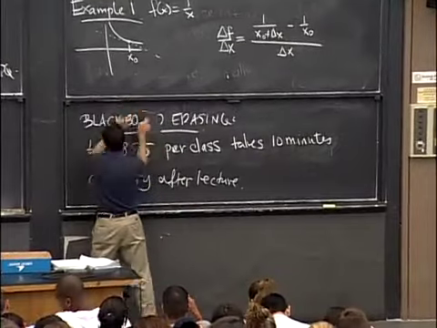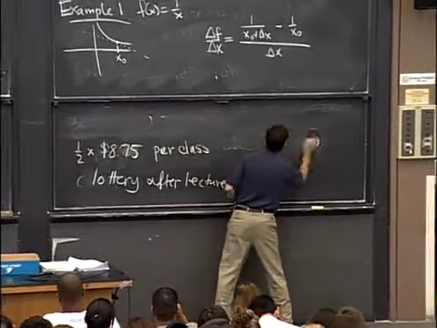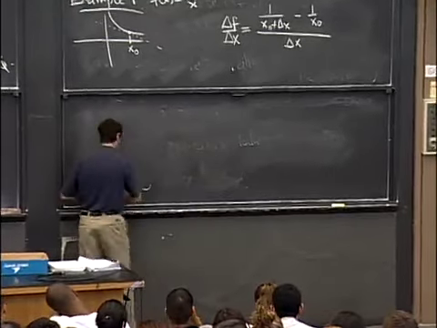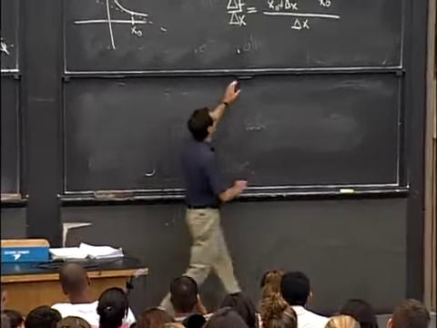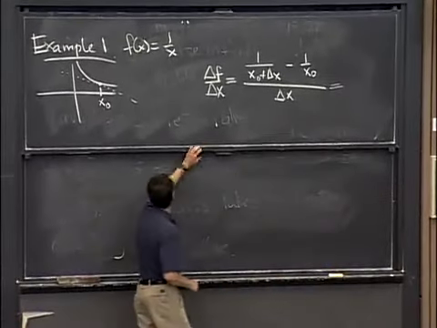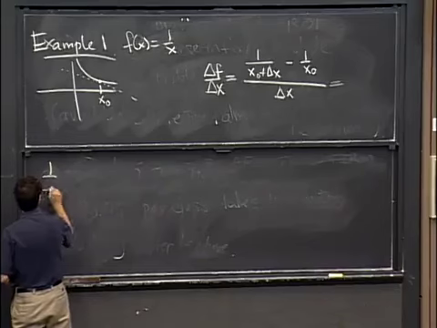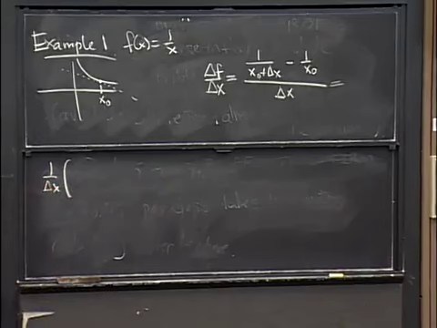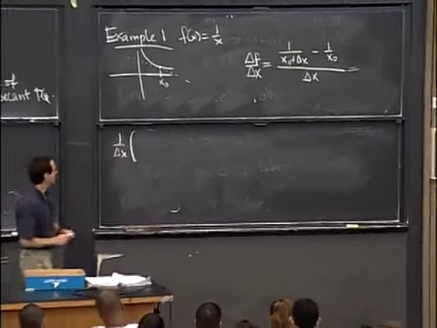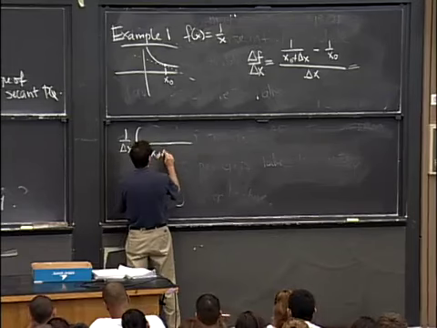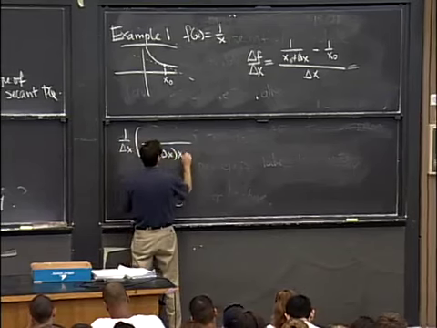Okay, so now we're going to simplify it by some algebra. So let's just take a look. So this is equal to 1 over delta x times, now all I'm going to do is put it over a common denominator. So the common denominator is x0 plus delta x times x0.